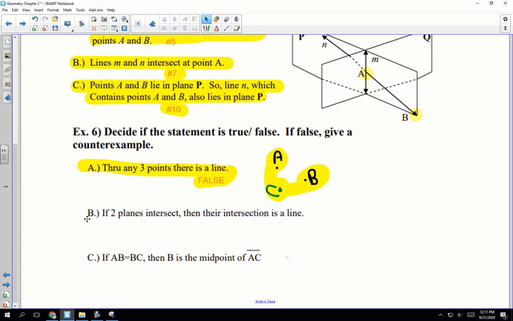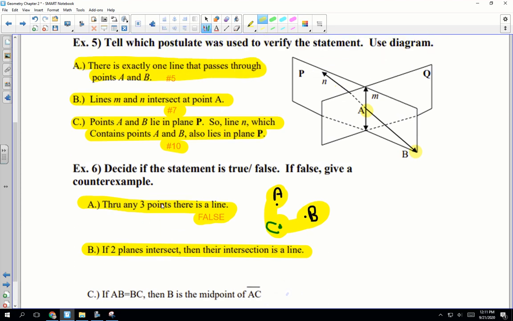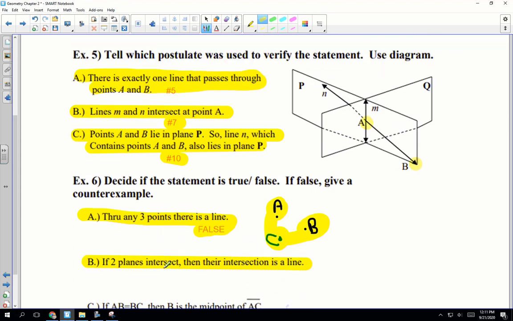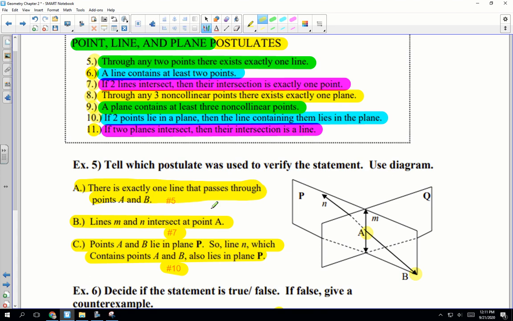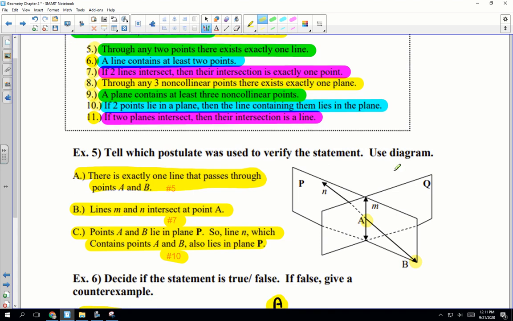Okay, let's look at B. If 2 planes intersect, then their intersection is a line. Well, okay, let's do a little inventory. We have 2 planes and 1 line. So that's number 11 here. If 2 planes intersect, then their intersection is a line. And we can see that.